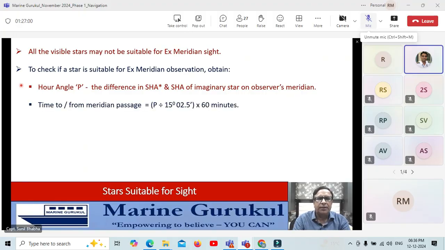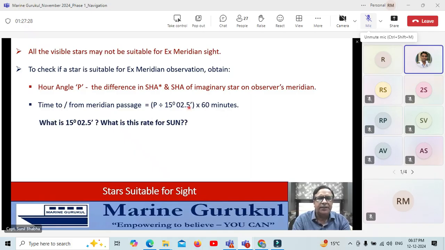Then we obtain the time to Marpas, if the body is yet to cross the meridian, or the time from Marpas, if the body has already crossed the meridian. And how do we get this time? We get it by dividing this R angle P by 15 degrees 02.5 minutes. This will come in hours. We multiply by 60 to get this time in minutes.